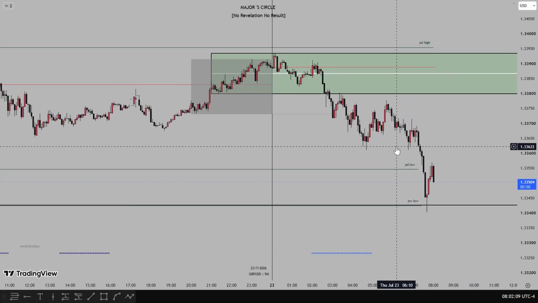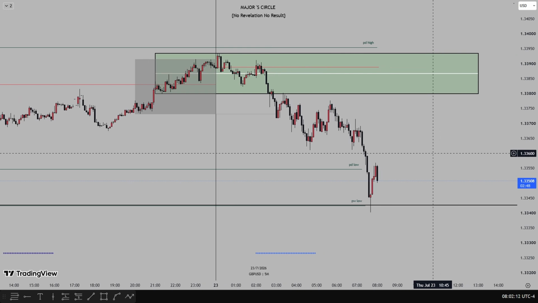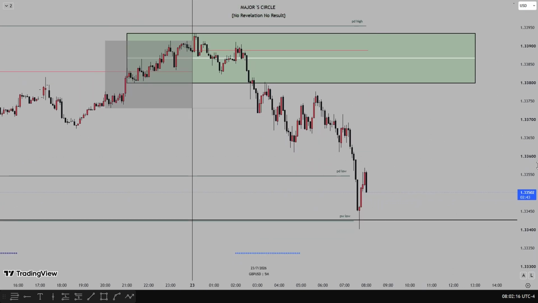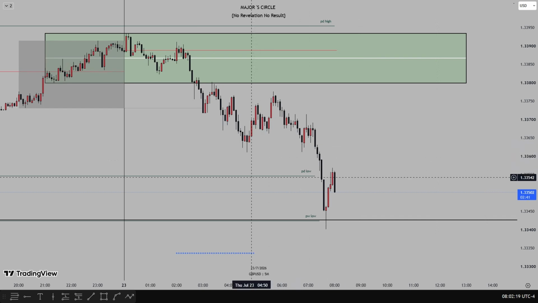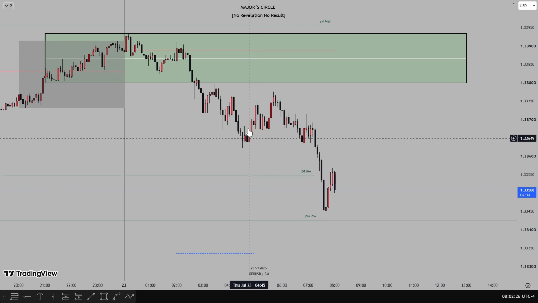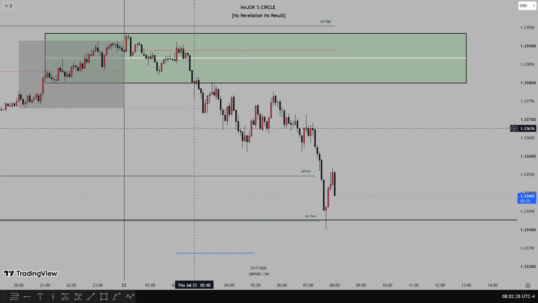So when the dollar is bullish, we know that we want to see bearish setups for the pound. And we also know that during the London killzone, we can spot potential setups.